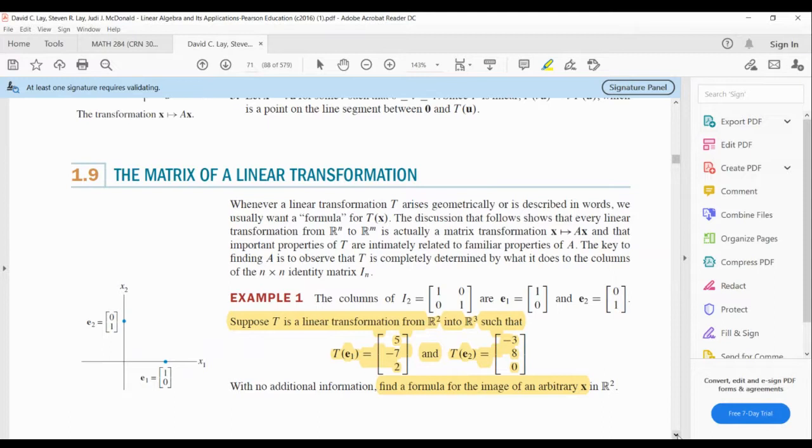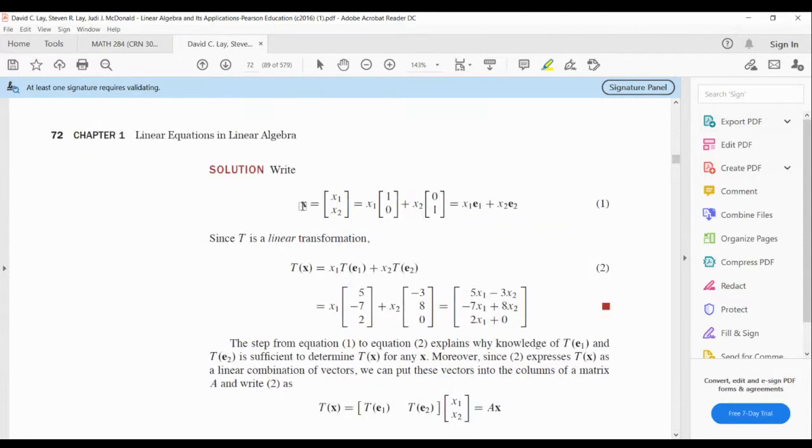Okay, so what they do is they say, well, look, any vector x in R2 can be written as a linear combination of the E1 and E2 vectors. That's true for any vector x in R2. So, since T is a linear transformation, the transformation of any vector x in R2 could be written as x1 times the transformation of E1 plus x2 times the transformation of E2.